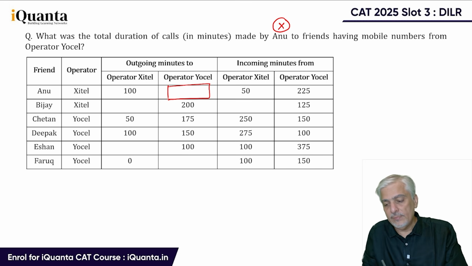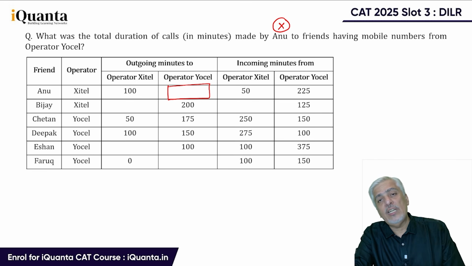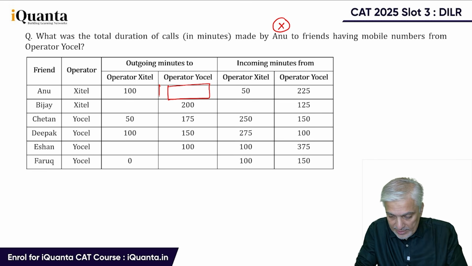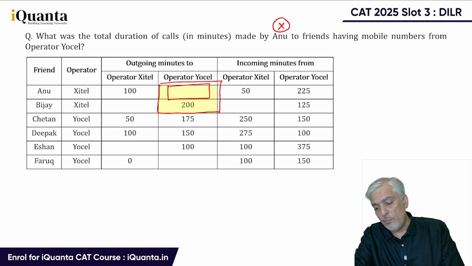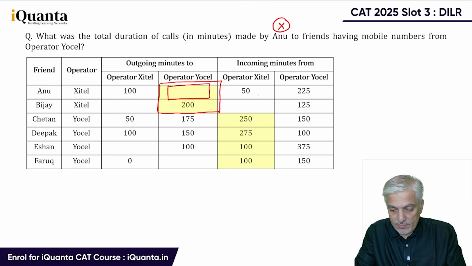Remember, there are 2 X people, that is these two. They can call in Y, they can call 4 people. But these 4 people they are calling, these are incoming calls from operator X, and here we have been given all 4 values over here.